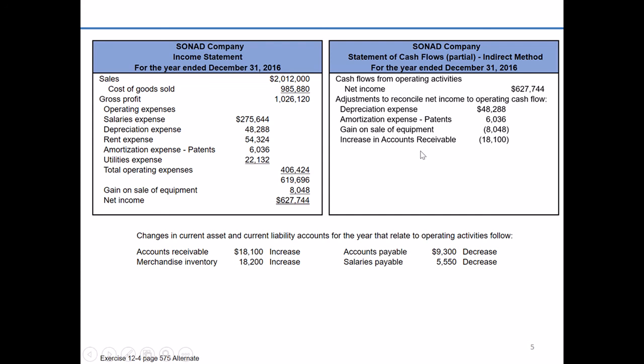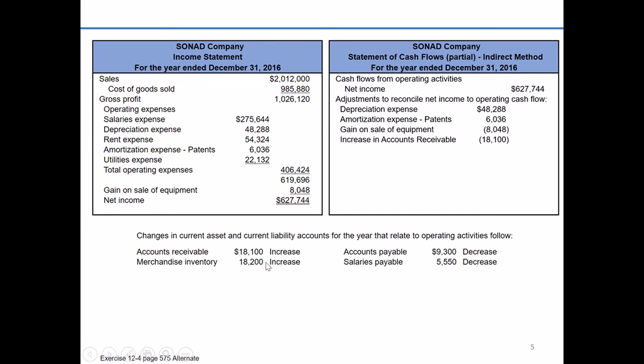Keep in mind, if we think through the logic of this too, if we're increasing sales on account, that's debiting accounts receivable and crediting sales, and that added to net income, but we weren't really collecting cash. So that gives you a little bit more logic too behind why we're subtracting it here.